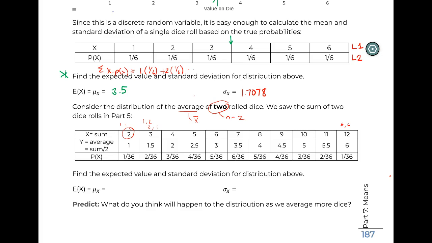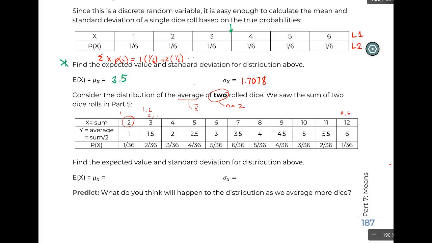In this case we're going to do the same thing. We're going to find the expected value and standard deviation, but this time we're going to find it for y, our average, because that's what we're looking to do. So, back to the table, and again L1, L2. This one's a bigger pain because obviously there are more values, but since our distribution is symmetric, the most likely thing is going to be our center.